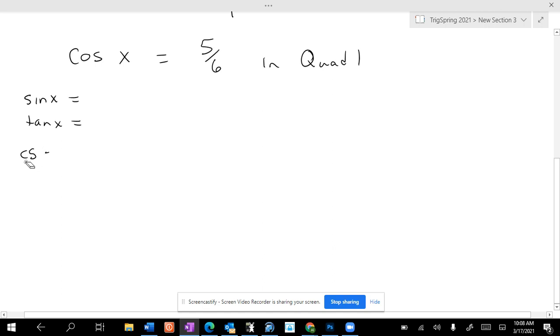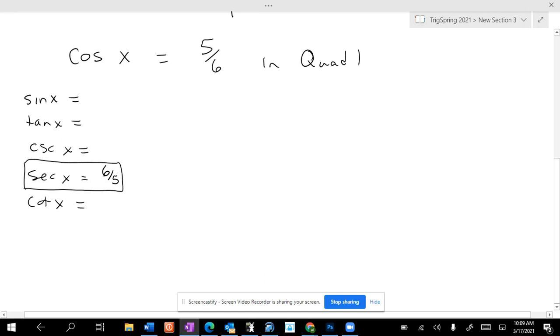Cosecant x, secant x, cotangent x. All right. So which function is a reciprocal of cosine? Secant. So we know right off the bat secant is 6/5. Boom. Got that one done.